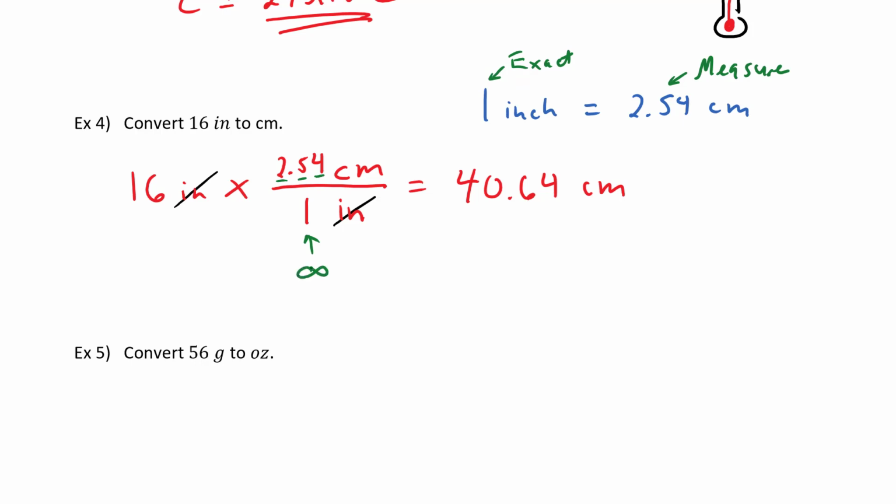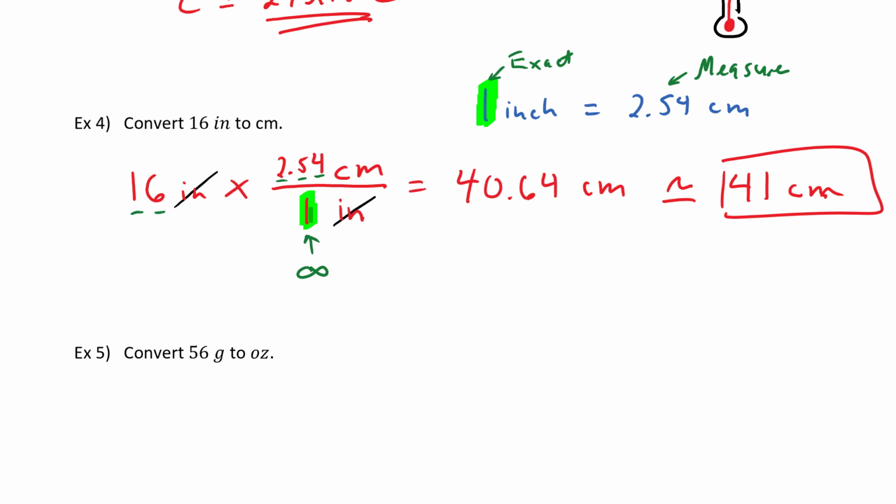There's an infinite number of significant digits. How many digits here? There is 2. So when we're rounding this off, what do we round to? Well, we round to 2 significant digits, approximately equal to 41 centimeters. So make sure you take that into account, the fact that sometimes these values in your conversion factors are exact numbers.